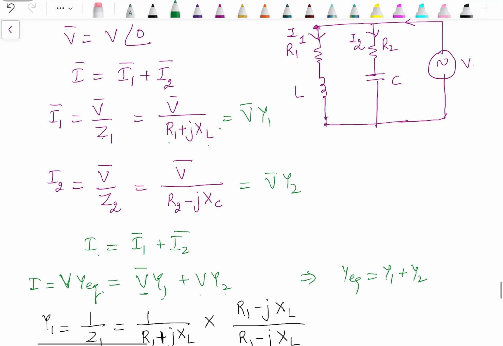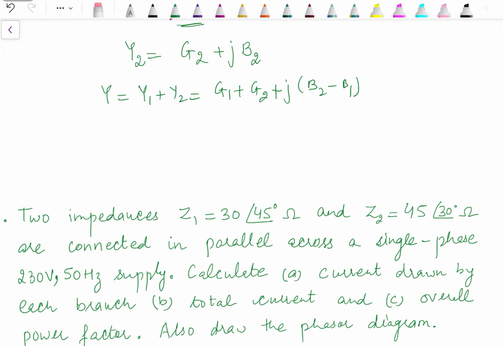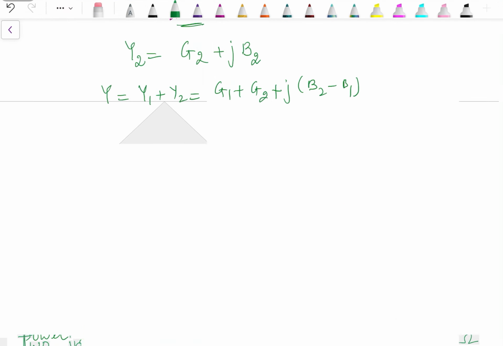So what we see over here, this is an inductive branch. So this current I1 will lag behind the voltage by some angle, let's say phi.